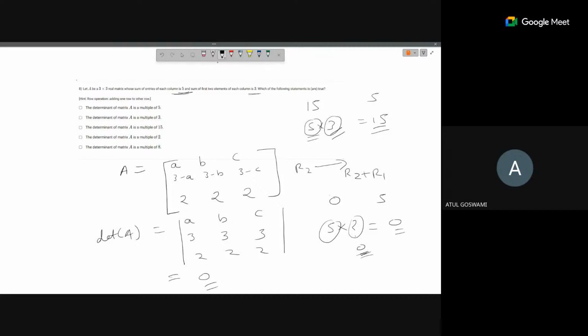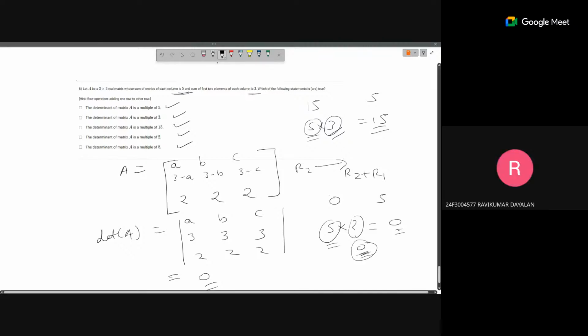Similarly, an integer, 0, times 5 is equal to 0. That means 0 is a multiple of 5. Okay, so the first option is true. Similarly, all options will be true. Okay, any doubt? Okay, so this was the trick. Yeah. All options correct.